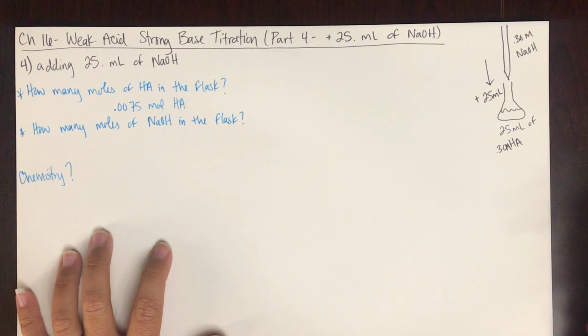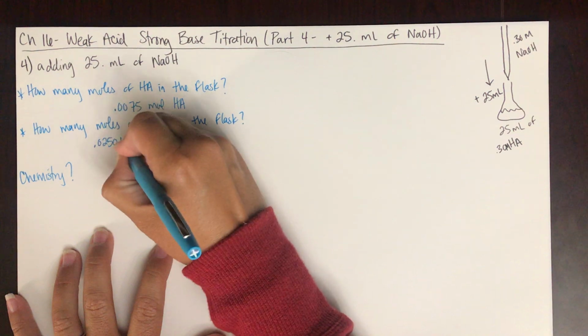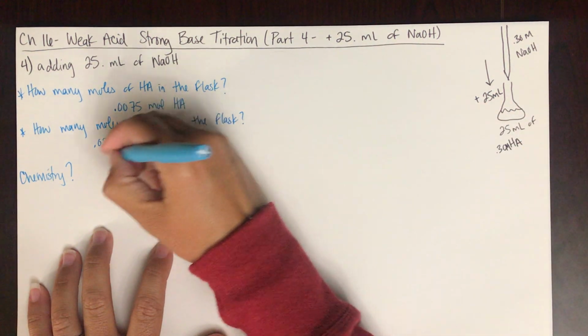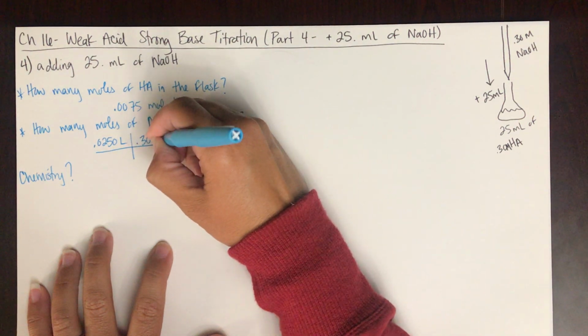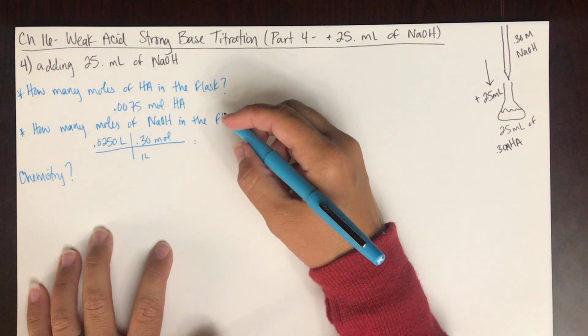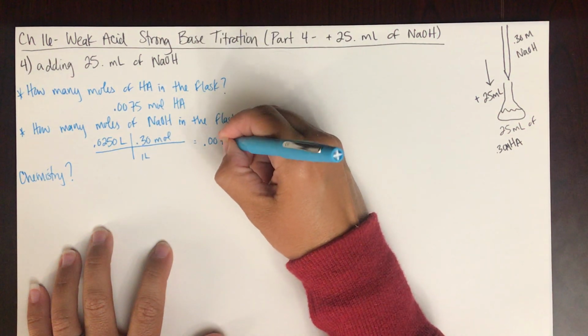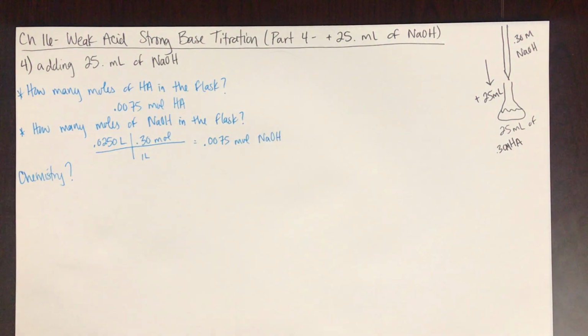Okay, how many moles of sodium hydroxide are in the flask? So now I have 0.0250 liters, 25 milliliters, and I still have 0.30 mole per 1 liter, which gives me 0.0075 moles of sodium hydroxide. Okay, so what is happening here?